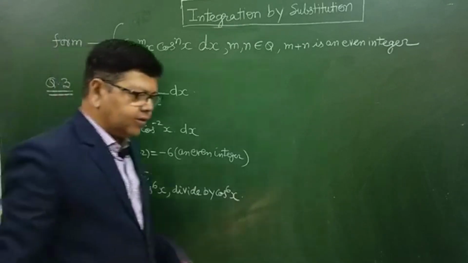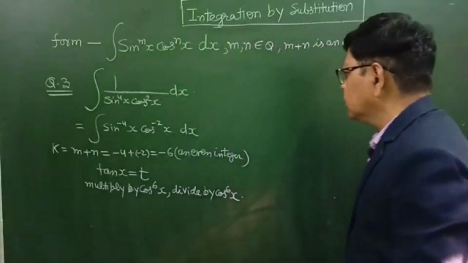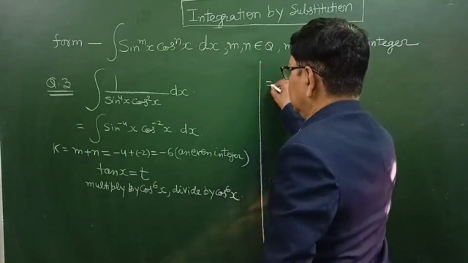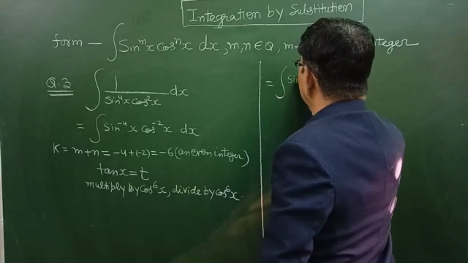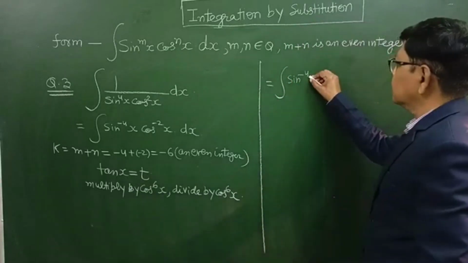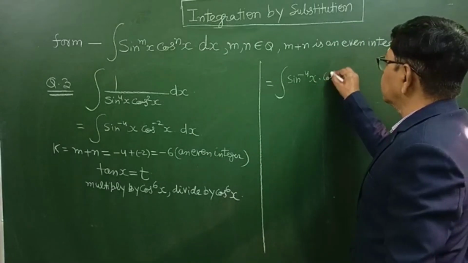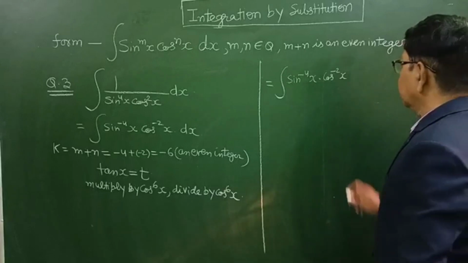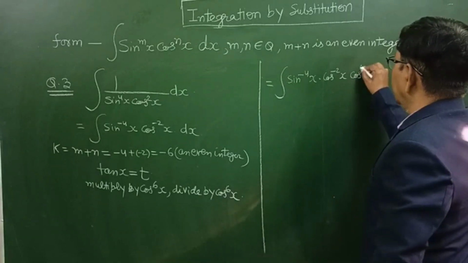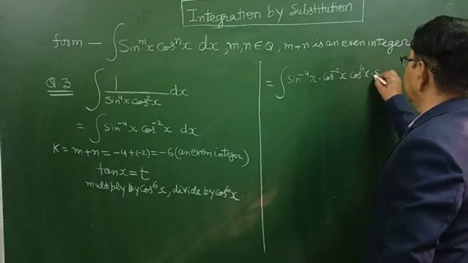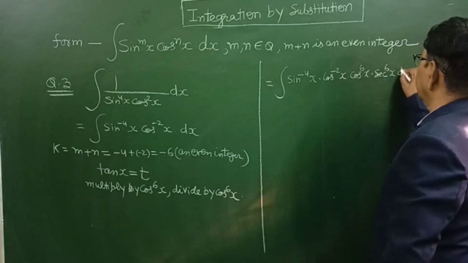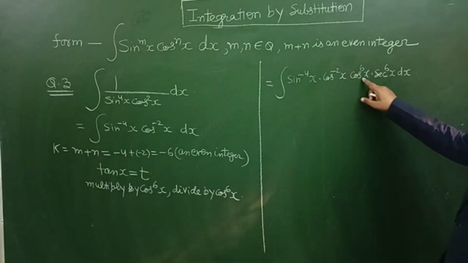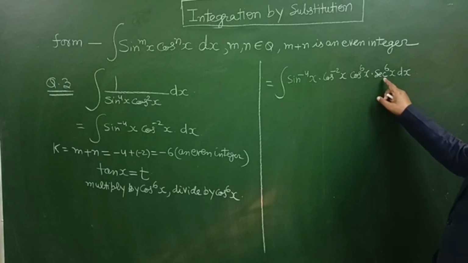So I can write this integral is equal to sin minus 4x into cos minus 2x, multiply and divide by cos 6x, that is cos 6x, and the upon cos 6x which we divide will be equal to sec 6x dx. Or you can say multiply by cos 6x into sec 6x.